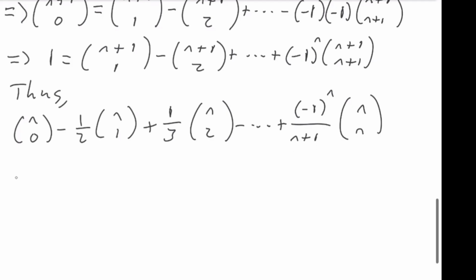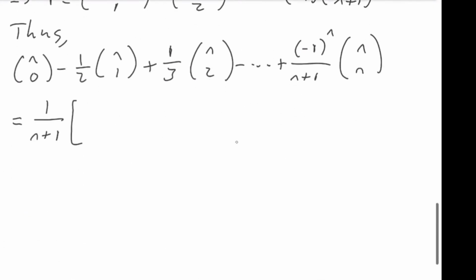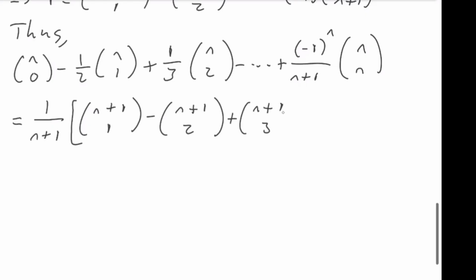We were able to show that this is equal to 1 over n+1 times, right, times this here. n+1 choose 1, minus n+1 choose 2, plus n+1 choose 3, minus dot dot dot, plus (-1)^n times n+1 choose n+1.